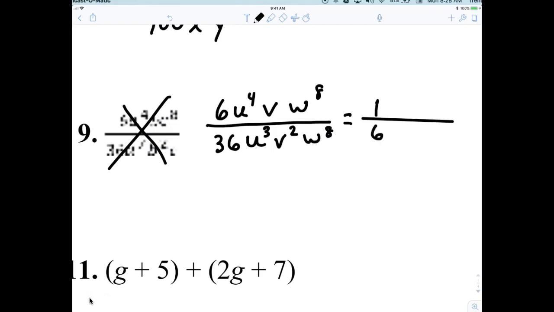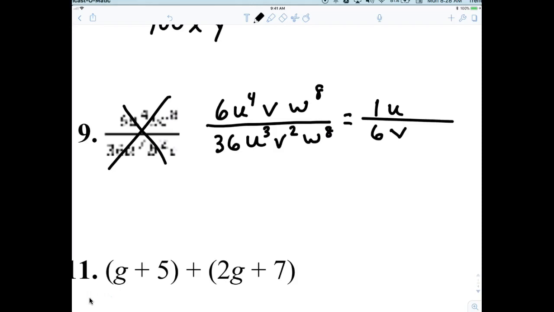And then remember there's 4 u's up top and 3 on the bottom, so you cancel 3 and that leaves 1 u at the top. And then 1 v on top and 2 on the bottom, so 1 v on the bottom. And then what happens to the w's? They cancel. It's a good little review.